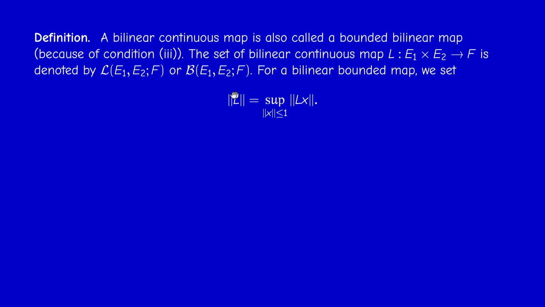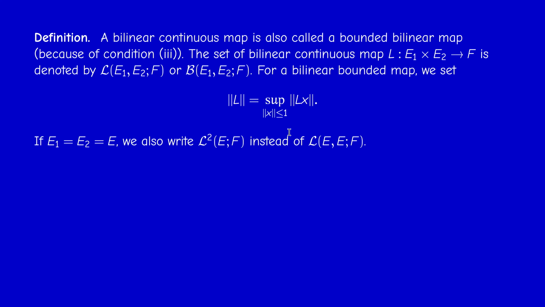The norm of a bilinear map is just the supremum over the unit ball, but here the unit ball is in the product. Okay, so this is the supremum of the norm of L(x) when x varies in the closed unit ball. And so it's easy to prove now, as in the case of one variable, that this is really a norm.